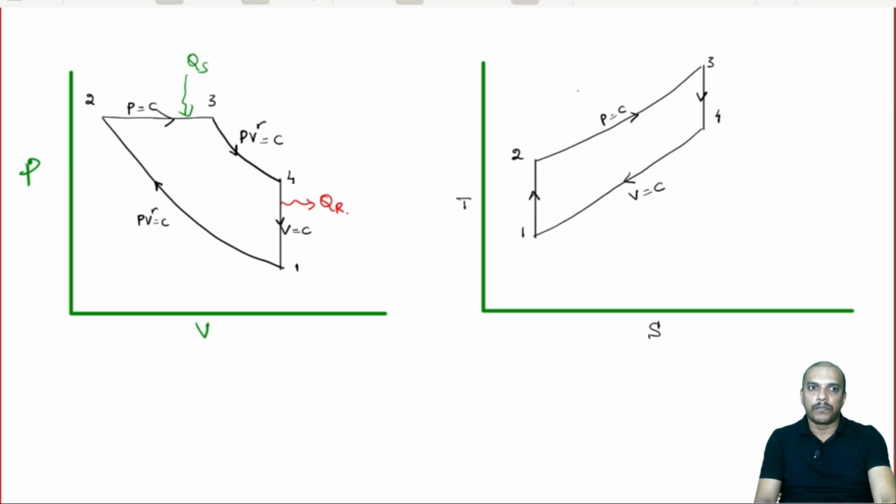So, this will be 2 to 3 heat supplied and 4 to 1 heat is rejected.